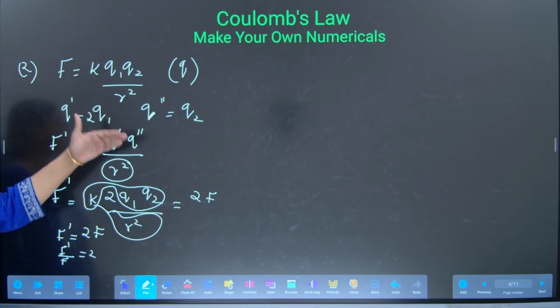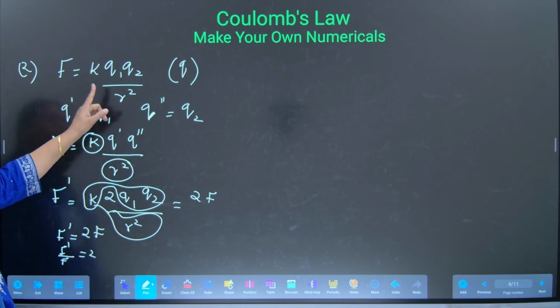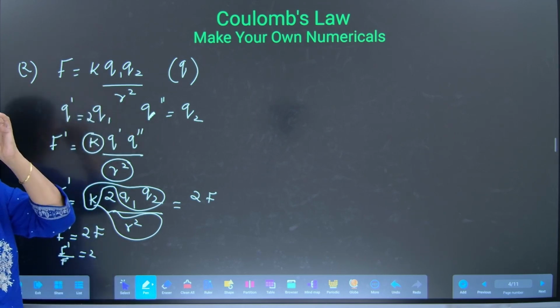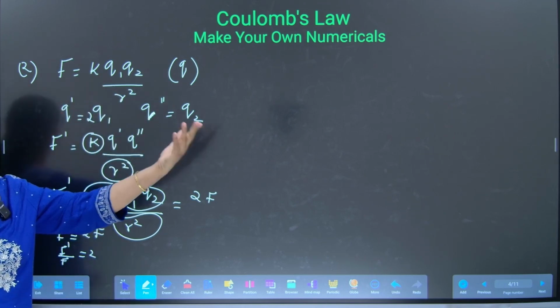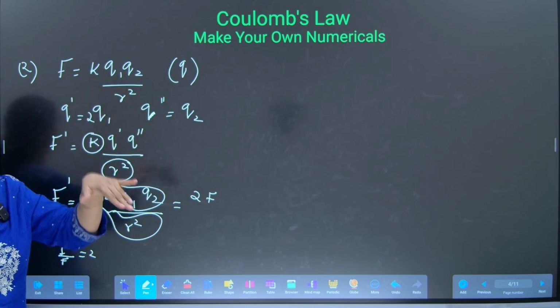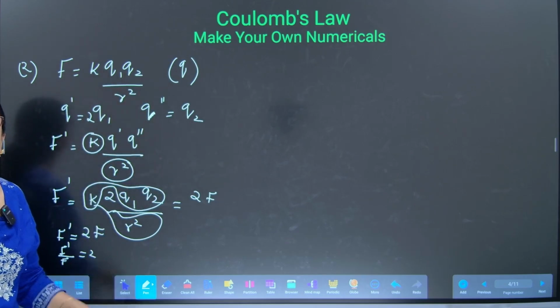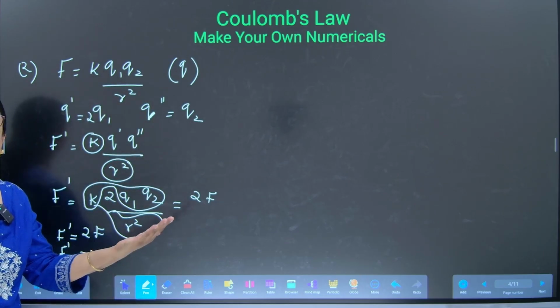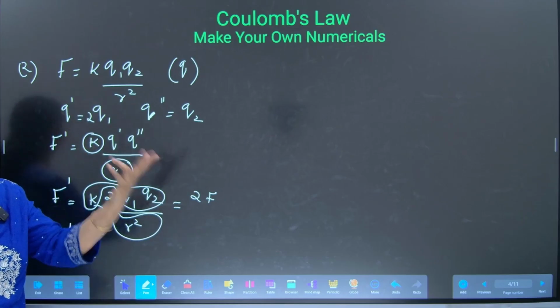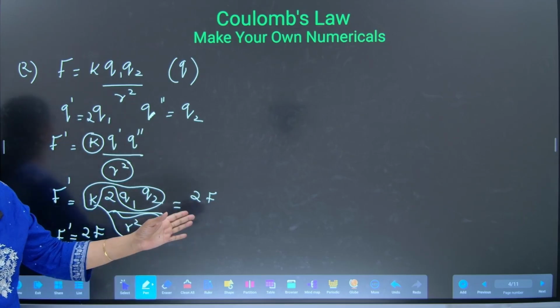So this is the possible variation when we make a change in the charge. We can double both the charges. We can make both the charges half. We can double one of them, keep the other as it is, or triple the other. Any variation.